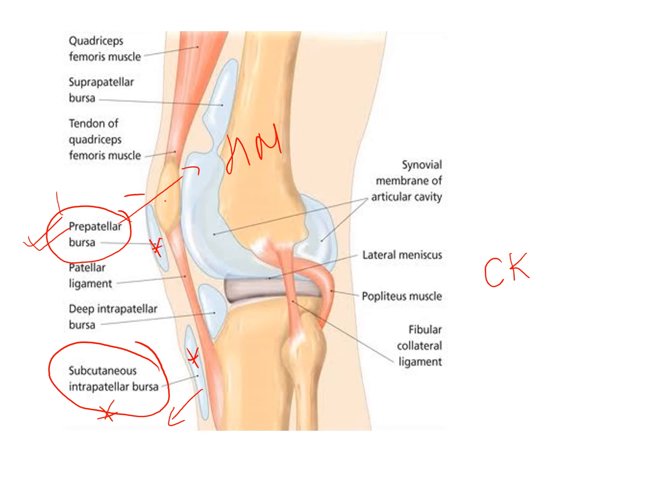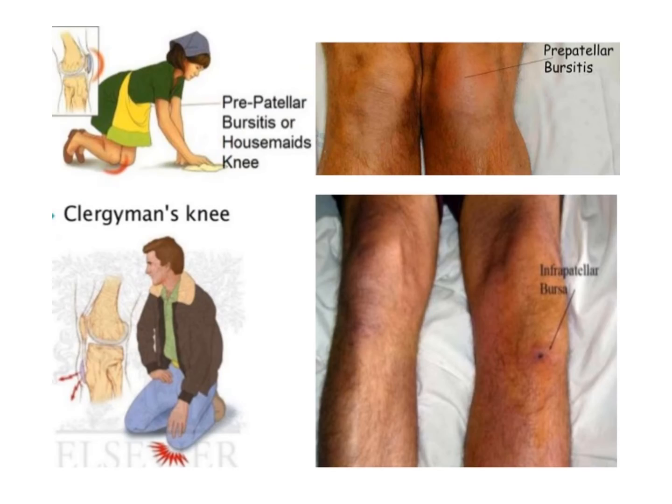So prepatellar bursa is known as housemaid's knee. Intrapatellar bursa is called clergyman's knee. You can see here, this is the prepatellar bursa seen in housemaids who kneel to mop the floor, whereas the clergyman's knee is the inflammation of the intrapatellar bursa.